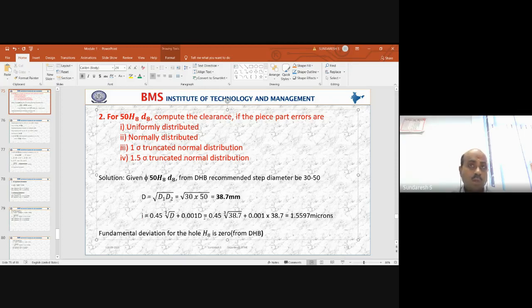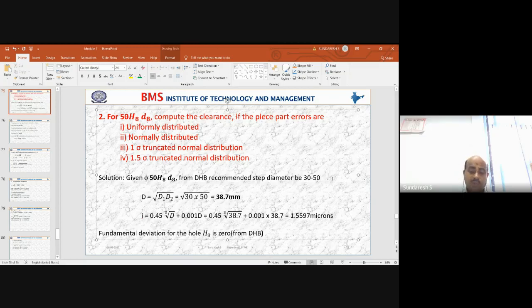Please make a note of this formula: I is equal to 0.45 times the cube root of D plus 0.001 times D. Substituting D as 38.7 millimeter, you get I, which is 1.5597 microns. It is in microns.